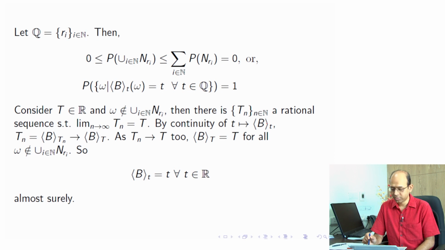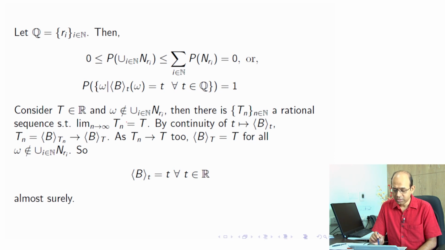Now, by continuity of the map T to the quadratic variation of Bt. Why is it continuous? Because Brownian motion is a continuous martingale, and its quadratic variation is also therefore continuous. Using the continuity of this function, since Tn is a rational number, we have established that when omega is not in this set, these two match, so the quadratic variation at Tn is equal to Tn.